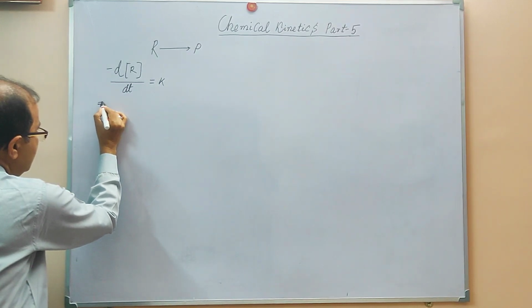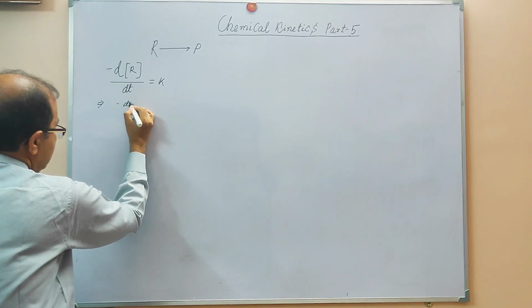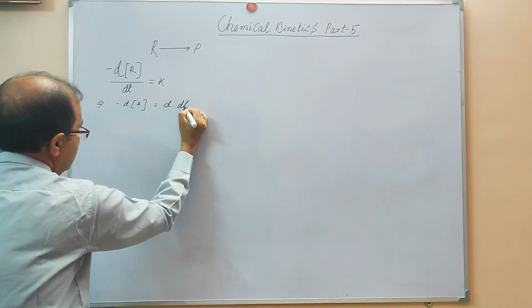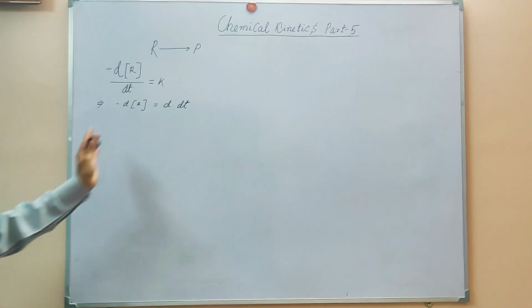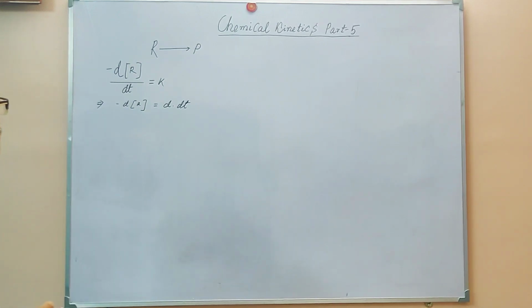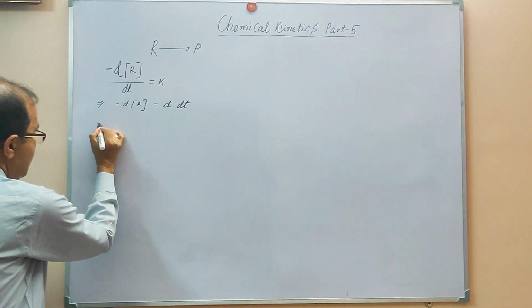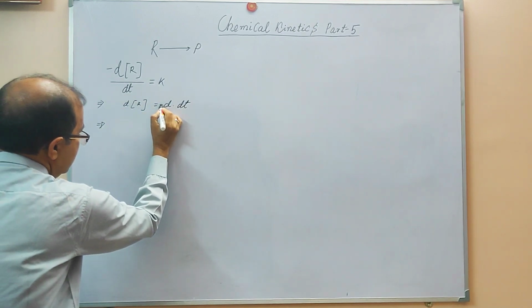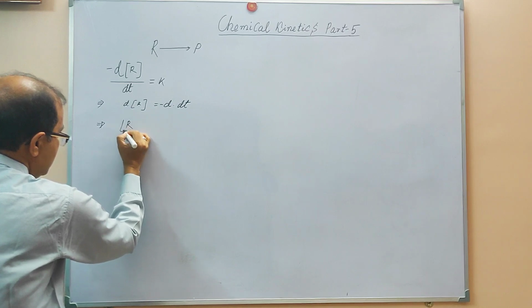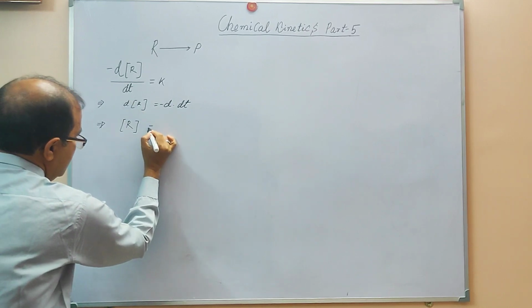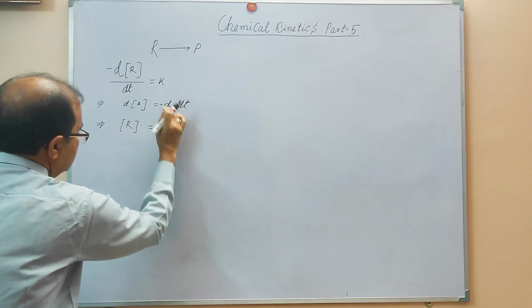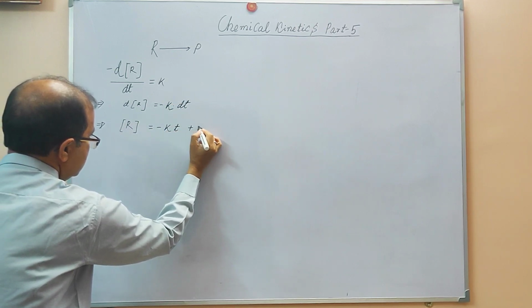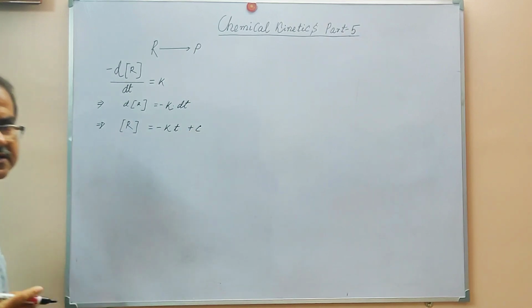Now we want to integrate both sides. After integration, taking this minus sign, we get the concentration of reactant equal to minus Kt plus C. C here is the integration constant.